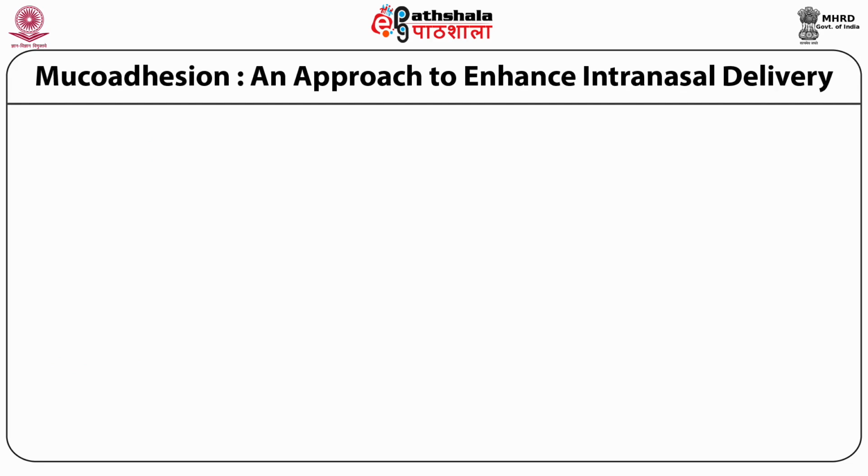Mucoadhesion, an approach to enhance intranasal delivery. This module primarily focuses on exploring the process of mucoadhesion for delivery of drugs through different routes. The route which we are discussing now is the intranasal route, and the approach remains the same, that of using mucoadhesive polymers.